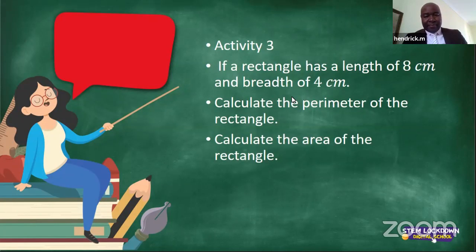Calculate the area. In fact, let's start with the perimeter. Calculate the perimeter of the rectangle. That is the first question. The second question, calculate the area of the rectangle.